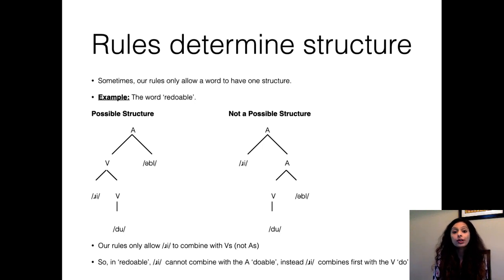And therefore, re will not be able to attach to doable and your derivation will fail. So as you can see, not every structure is ambiguous, and there could only be one way of deriving things for a lot of different words. So this is something that I want you to keep in mind when you do your morphology assignment, but also when you look at morphology and morphological rules in general, right?